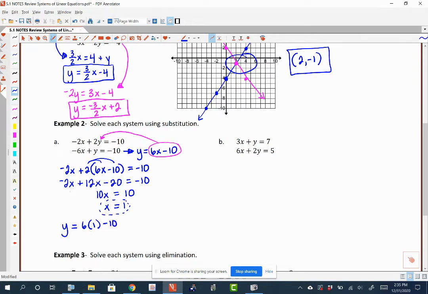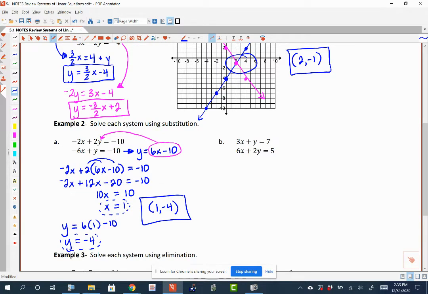It's already isolated for me. So I substitute in my x value of 1, and we'd end up with 6 minus 10, which is a negative 4. So that gets us the rest of our answer. We just want to put it in a nice ordered pair because remember, graphically, we're saying this is where those 2 points intersect. These 2 points, when plugged back into these equations, make both of them true.